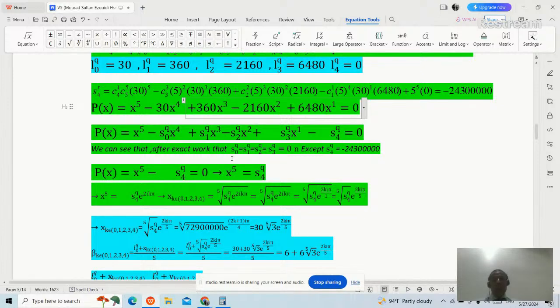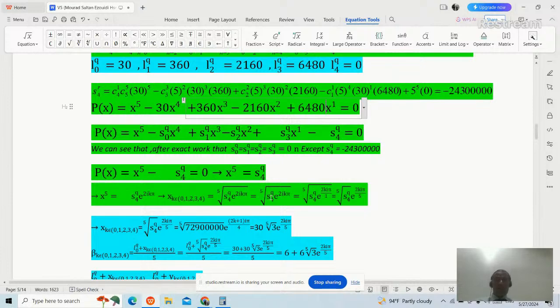Now, if you know about the unit circle, we can say that x raised to the power 5 is equal to s4 times e^(ikπ), which means that x_k, with k belonging to 0, 1, 2, 3, 4, is the fifth root of s4 times e^(ikπ).